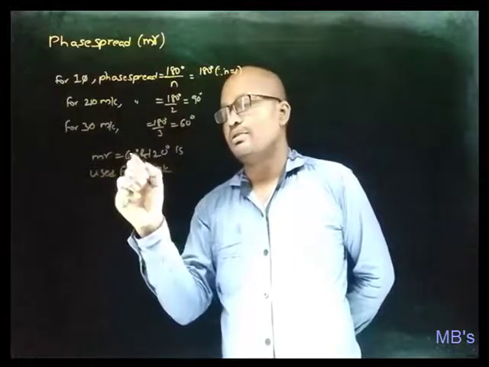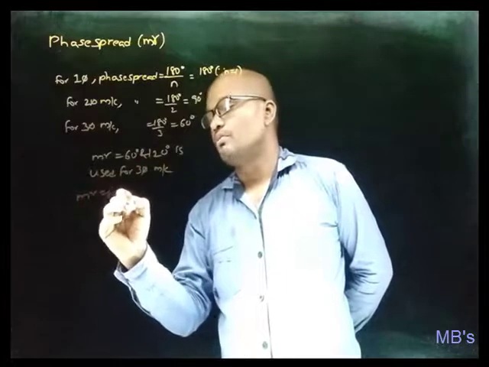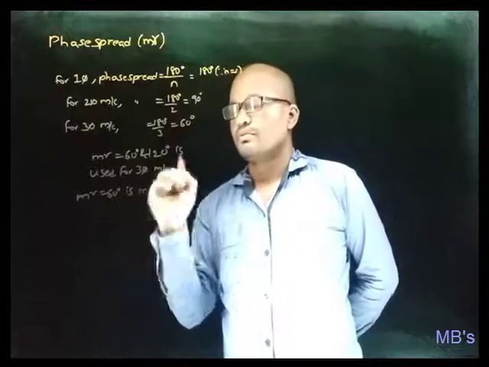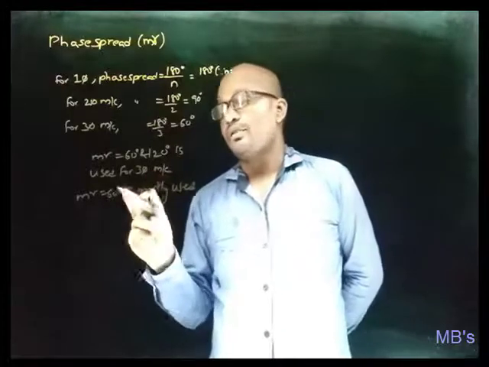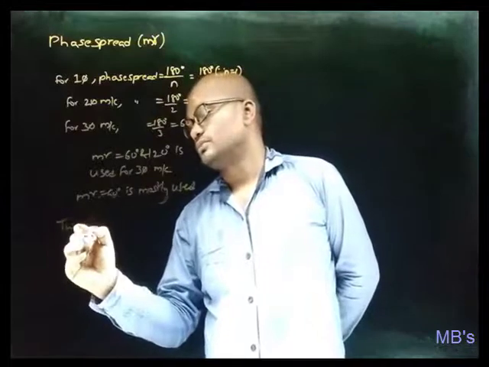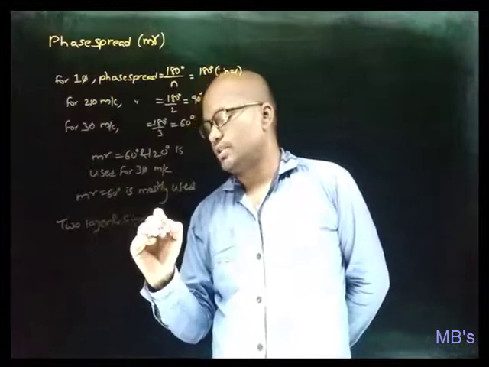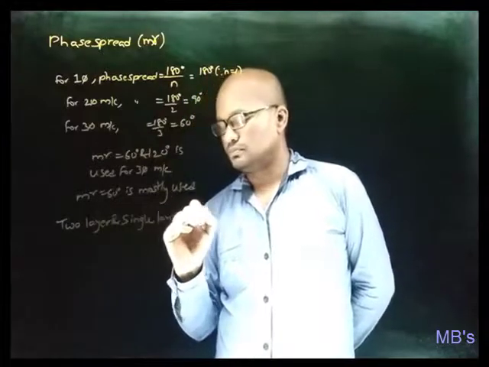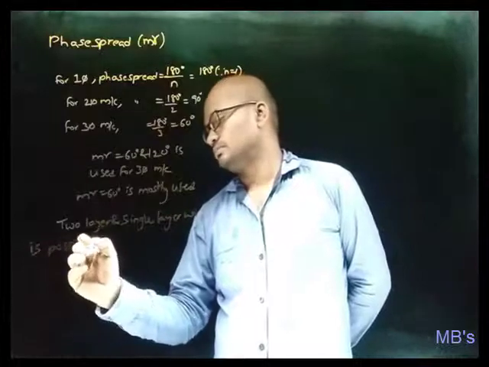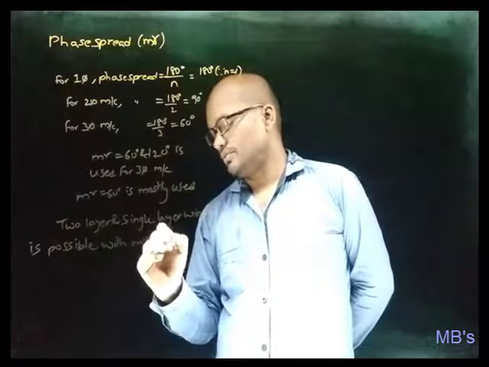And of that, phase spread of 60 degrees is mostly used. Why? Because with phase spread of 60 degrees, 2-layer and single layer winding are possible, with m gamma equal to 60 degrees.